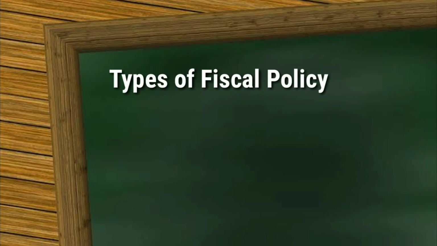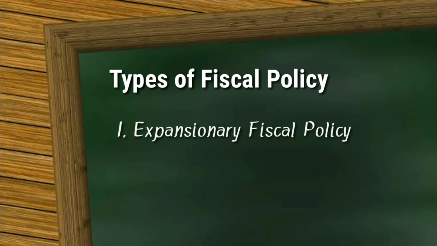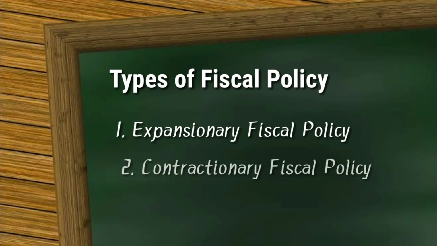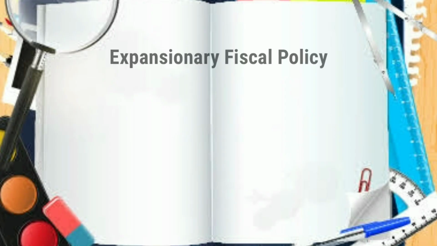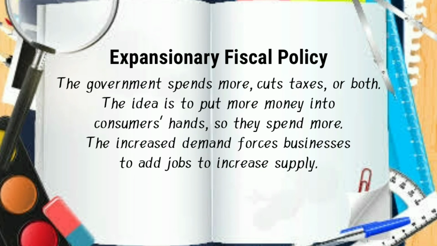Types of fiscal policy. There are two types of fiscal policy. First, expansionary fiscal policy, and the next is contractionary fiscal policy. In expansionary fiscal policy, the government spends more and cuts taxes or both.